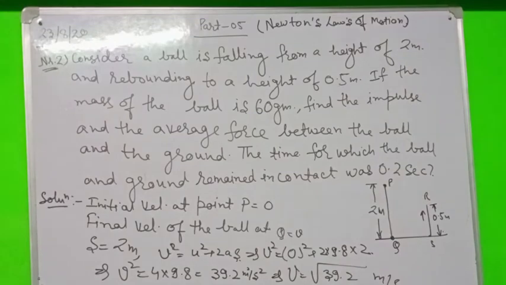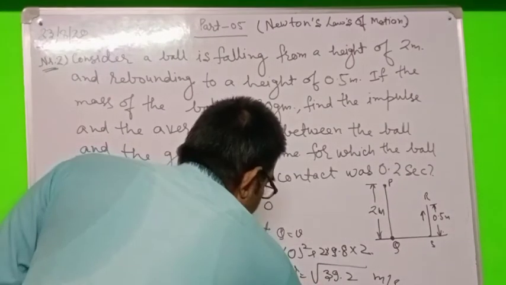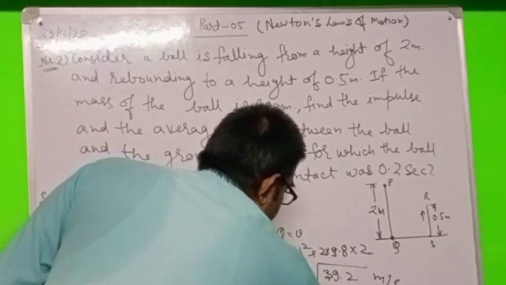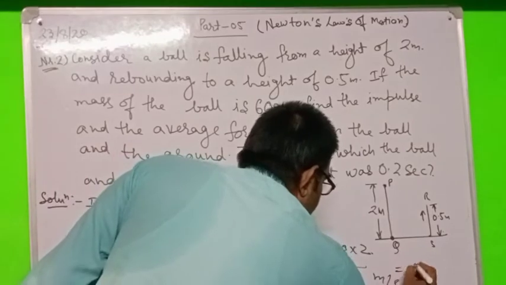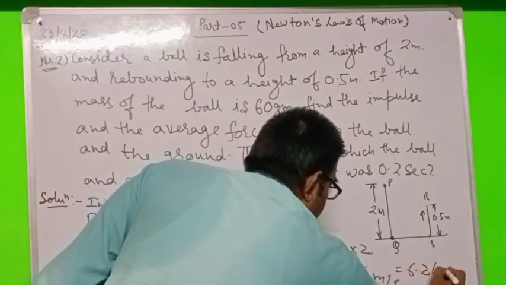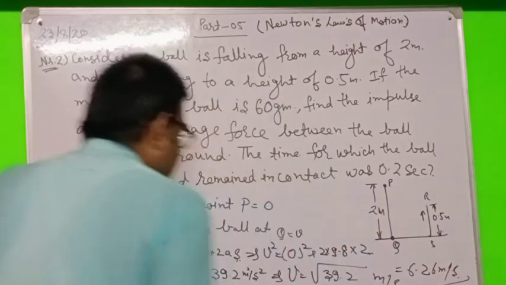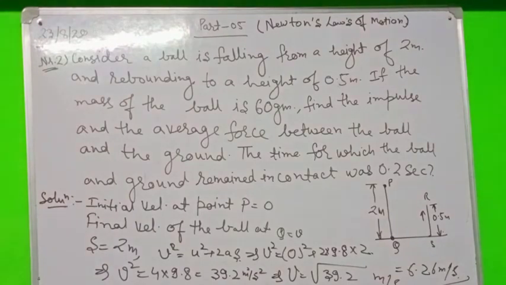The value of v is equal to 6.26 meter per second. So for this P to Q, we have calculated the value 6.26 meter per second.